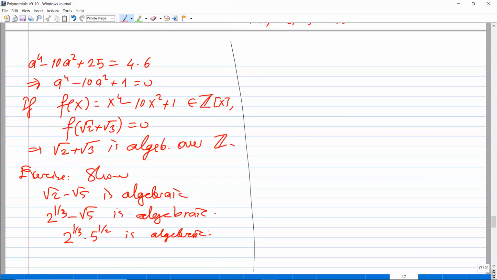Okay. Next, here's the definition once again. If R is an integral domain, then R[x] is also an integral domain, so that we can consider its field of fractions.